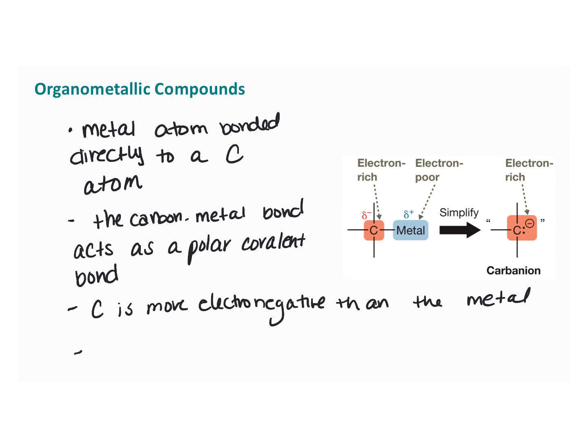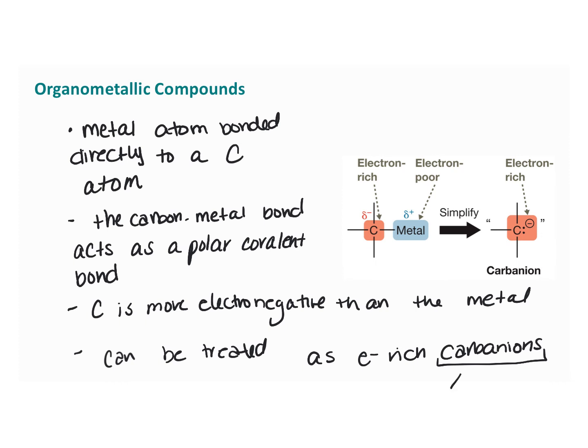Because of this, organometallic compounds can simply be treated as electron-rich carbanions, right? And I want you to know the definition of a carbanion. That's a compound where the negative charge is on the carbon, right?